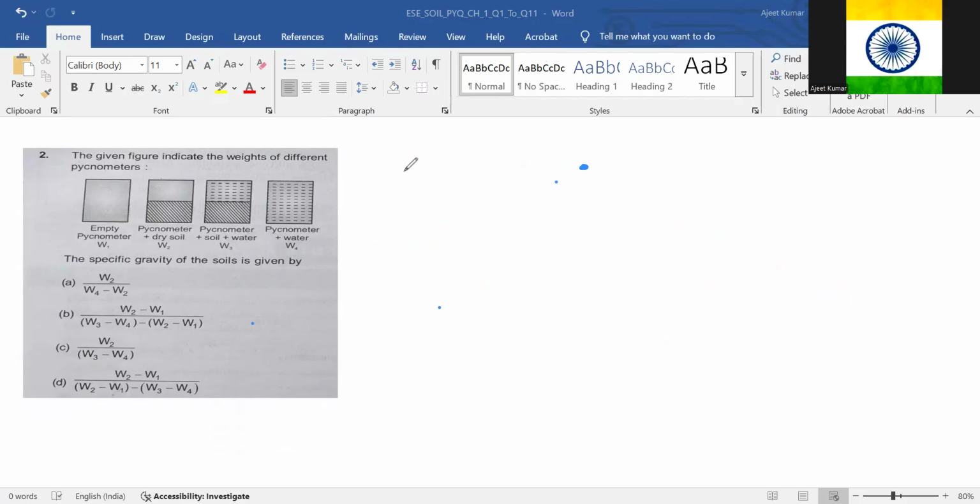So specific gravity of solid, GS, is equal to the weight of solid divided by weight of water displaced by soil solid.